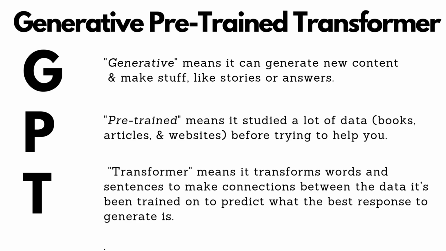Pre-trained because it's studied a lot. It's trained on the entirety of the internet, books, articles, websites, YouTube videos. And Transformer because it transforms words and sentences to make connections between the data using tokens that it's been trained on to predict what the best response to generate is.